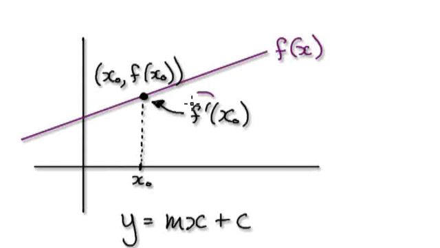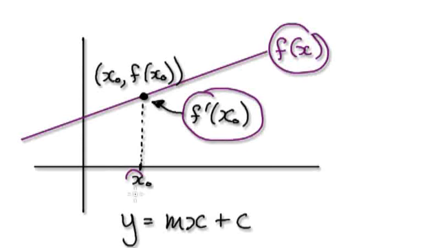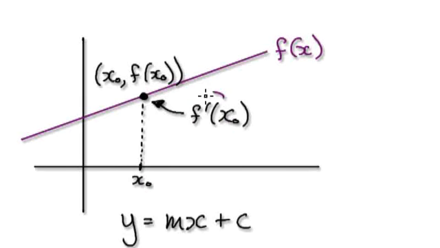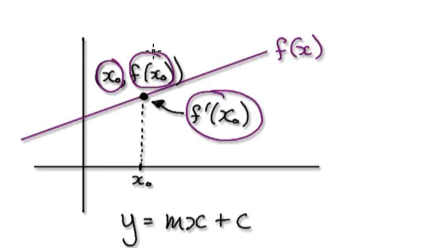So the gradient at this point here will be f prime evaluated at x0. So the gradient here is given by this, and you know it passes through here and here.